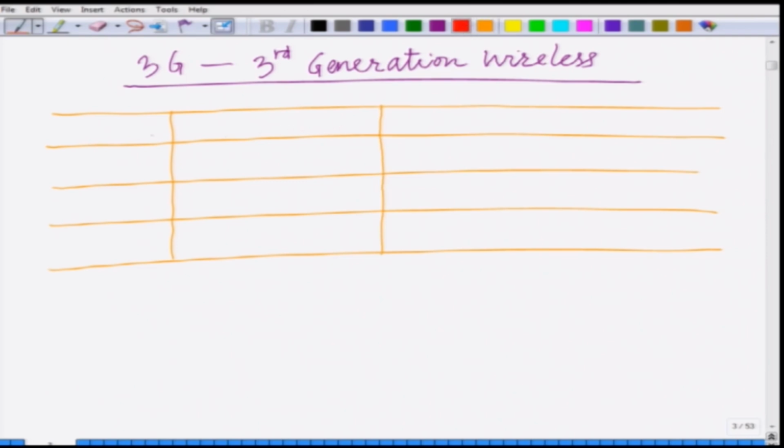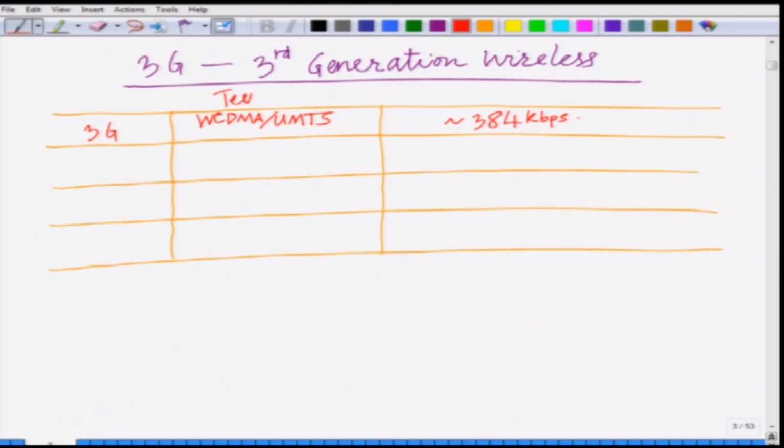And we have 3G. One of the fundamental standards for 3G is WCDMA, or UMTS, which has a data rate of approximately 384 kilobits per second.